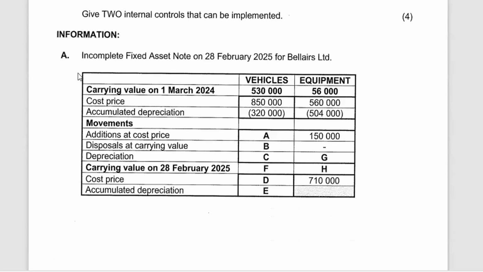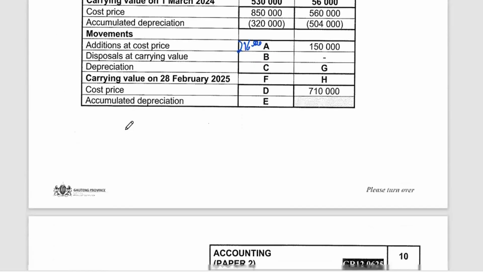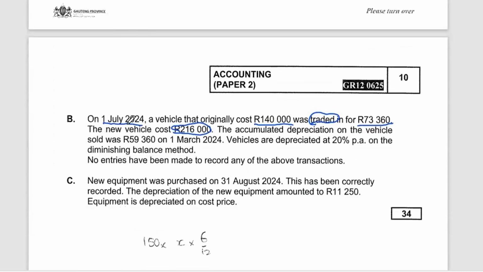So since we bought the new vehicle, this will be our additions at cost. So here under additions, we have 216,000. We'll start by calculating depreciation of the new vehicle. So we have 216,000, which is our cost. The accumulated depreciation on the vehicle sold was 59,360 on 1 March 2024.